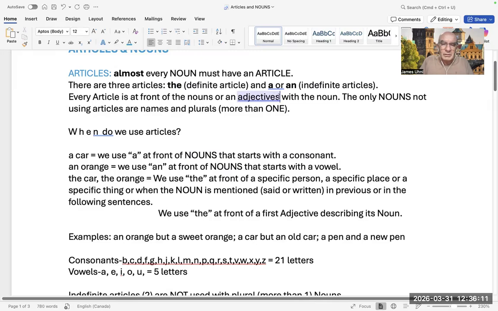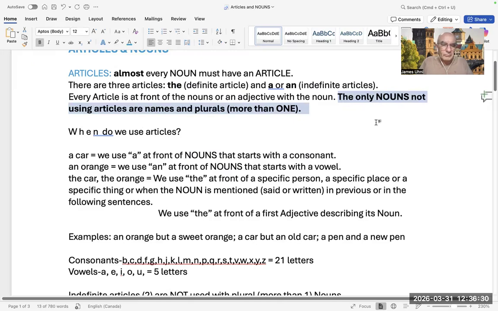The only nouns not using articles are names and plurals. Okay, so this is very important, and we'll make it bold.